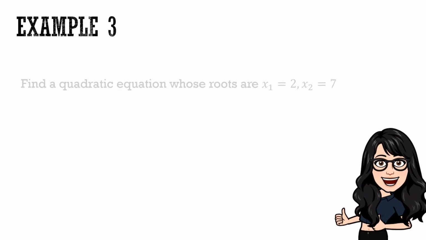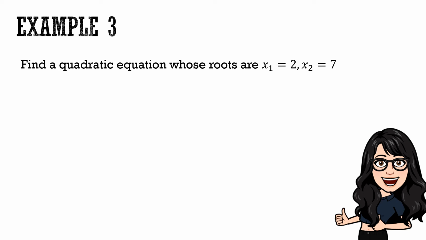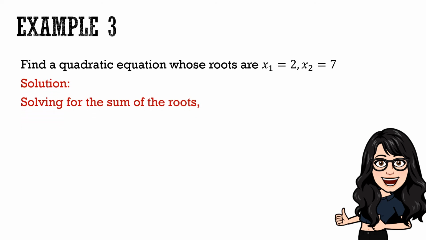Example number 3. Find a quadratic equation whose roots are x sub 1 equals 2 and x sub 2 is equal to 7. Solution. Let's start by solving for the sum of the roots. X sub 1 plus x sub 2 is equal to 2 plus 7 equals 9.